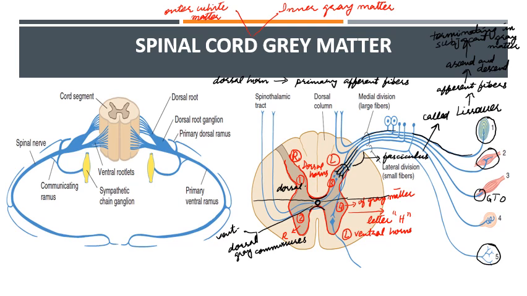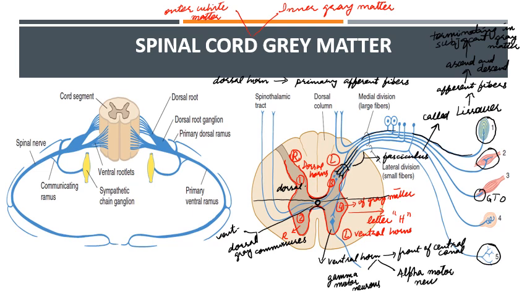In contrast to the dorsal gray matter, the ventral horn is in front of the central canal, and the ventral horn contains gamma motor neurons and alpha motor neurons.